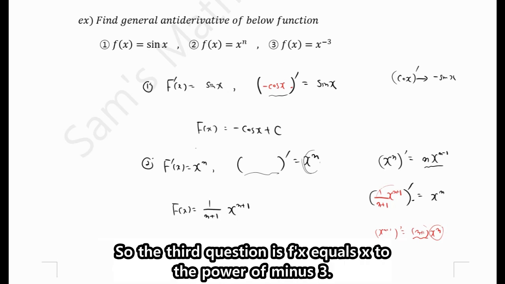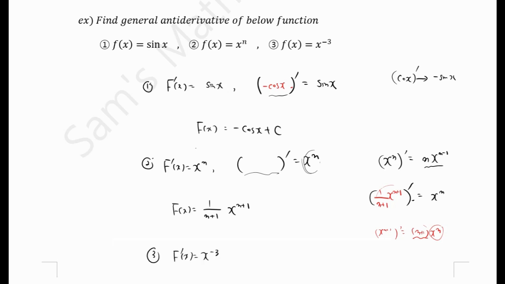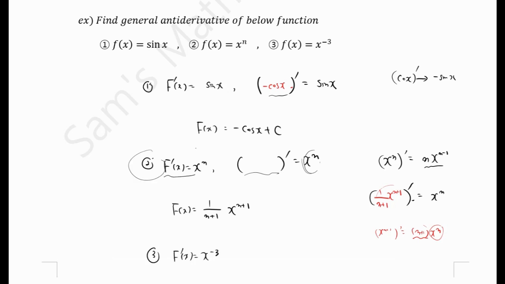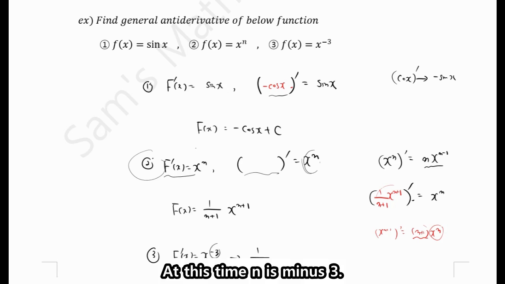So the third question is f'(x) equals x to the power of minus 3. And we apply the formula. So this is 1 over n plus 1, and at this time n is minus 3.